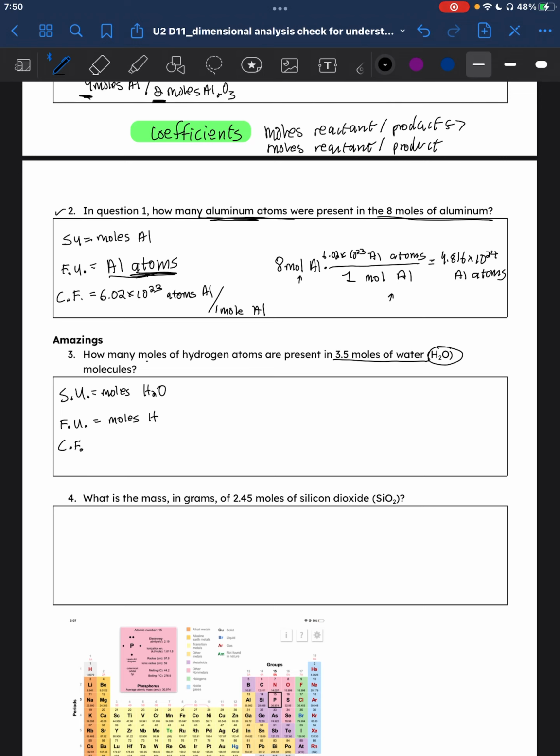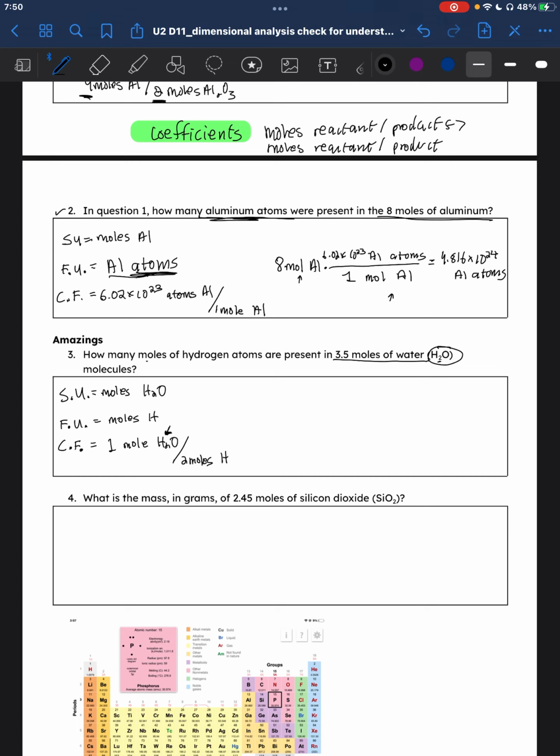My conversion factor is, well, for every 1 mole of H2O, I actually have 2 moles of individual H atoms. Just like if I had a dozen water molecules, I would have 2 dozen hydrogen atoms because each individual molecule has 2 hydrogen atoms. Well, if instead of a dozen, instead of 12, I have a whole mole's worth, 6.02 times 10 to the 23rd, then I'd have 2 moles of hydrogen atoms.